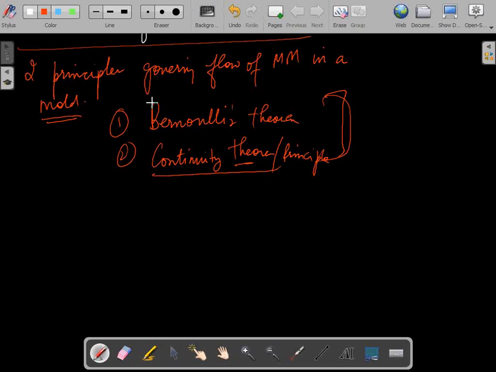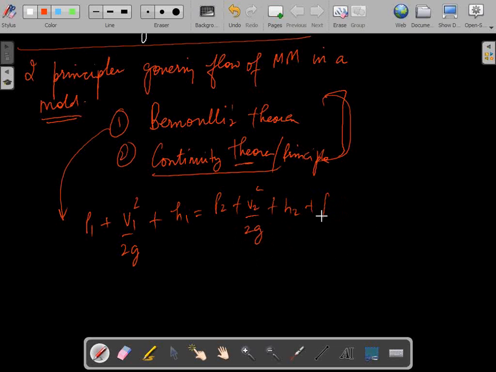If you want to recall Bernoulli's theorem, it is something like this. If you apply Bernoulli's theorem at two sections, it will be P1 plus H1 plus V1 square by 2g is equal to P2 plus V2 square by 2g plus H2 plus F. P1, P2 are pressure values, pressure heads.